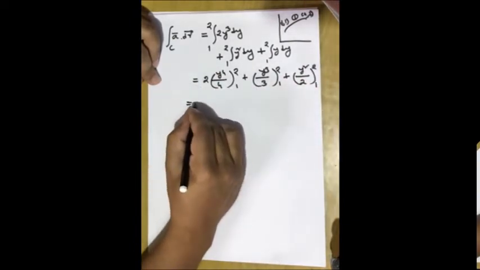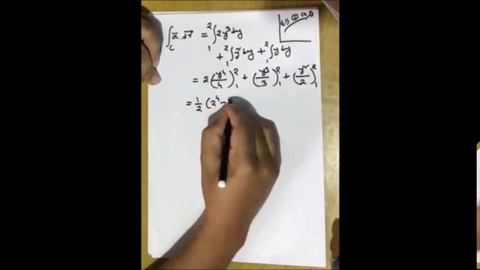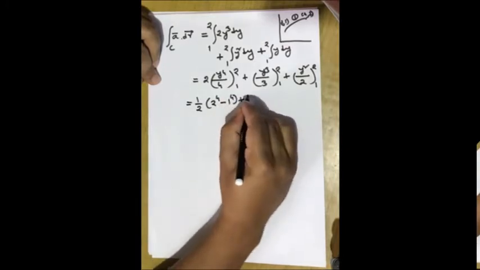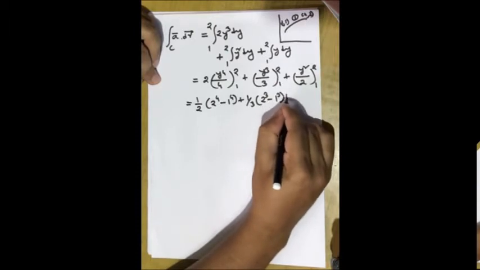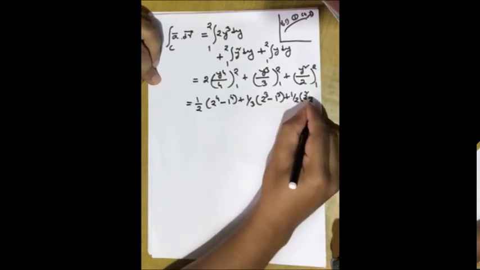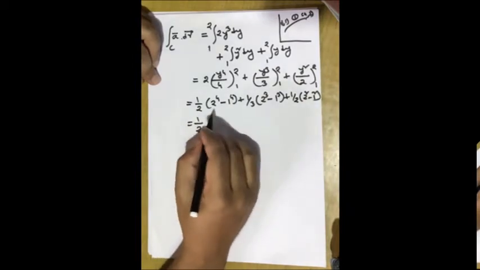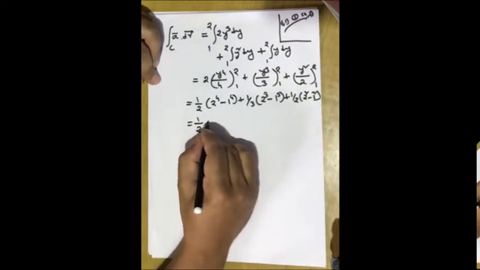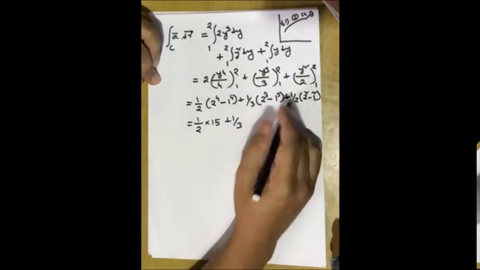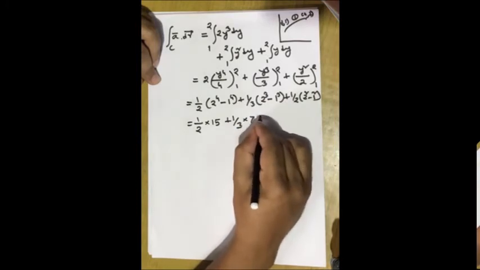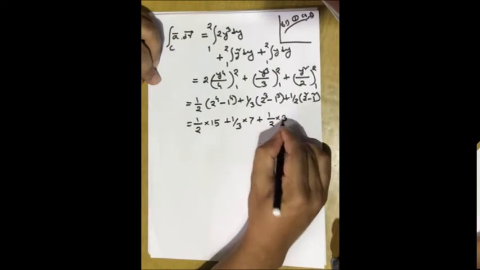So half, 2⁴ minus 1⁴, which is 16 minus 1, that will be 15, plus 1/3, 2³ minus 1³, that is 8 minus 1, which is 7, plus 1/2, 2² minus 1², 4 minus 1, that will be 3.